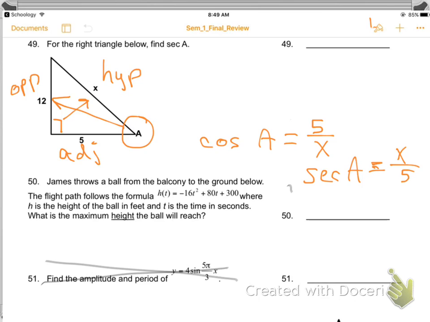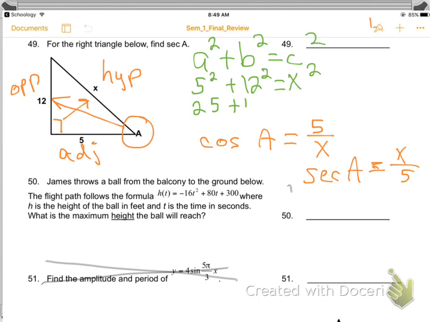Well, I can find any missing side in a right triangle if I know the other two sides using a squared plus b squared equals c squared. You could have done this first. C has to be your hypotenuse, and it doesn't matter where you put a and b. So 5 squared plus 12 squared. 25 plus 144 equals x squared.